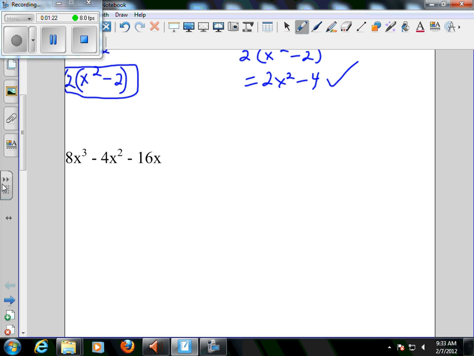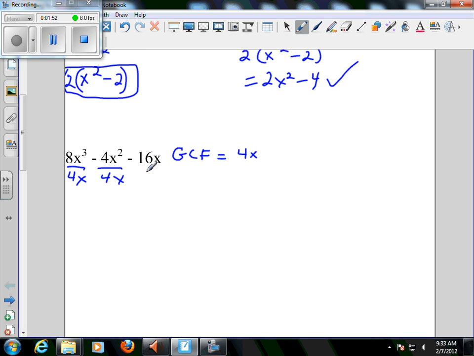So with this next problem, we want to find the greatest common factor of 8x cubed minus 4x squared minus 16x. So we need the greatest common factor of each of those terms. Well, the greatest common factor of 8, 4, and 16 would be 4. Greatest common factor of x cubed, x squared, and x would be x. So we're going to use a GCF of 4x.